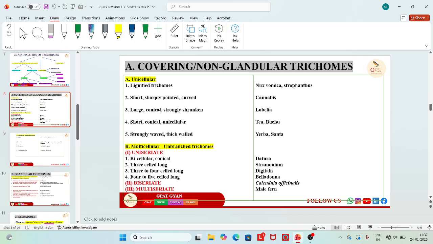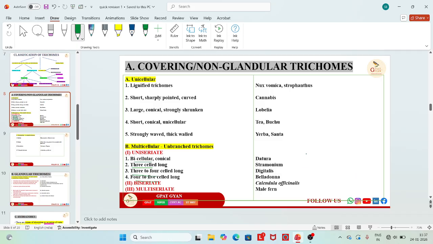And for the unicellular, there are lignified trichomes for Nux vomica and Strophanthus. This is very important. Short, sharply pointed, curved is cannabis, large conical is lobelia. Short conical unicellular is for tea and buchu, and strongly waved three-coiled trichome is for yerba santa. And for the uniseriate trichome, there are bicellular, 3 cell long, 3 to 4 cell long, and 4 to 5 cell long.